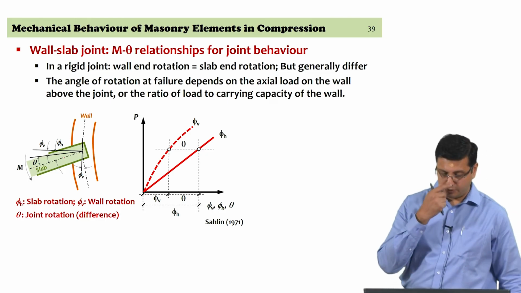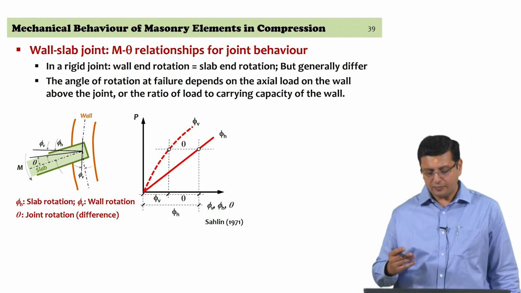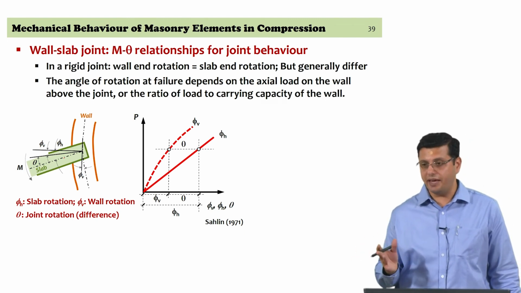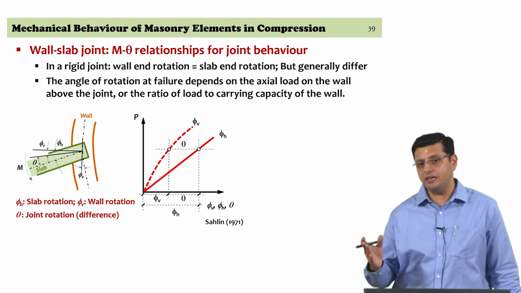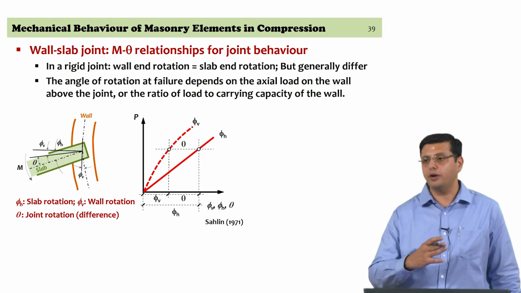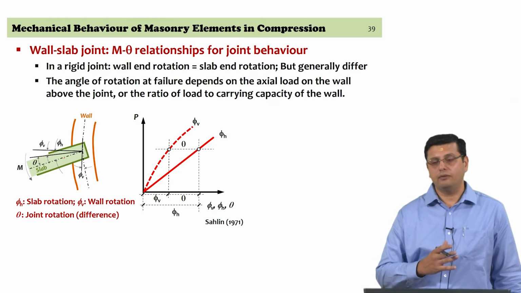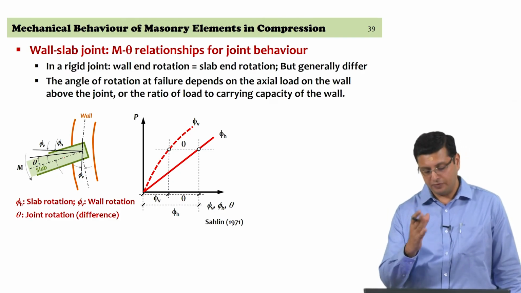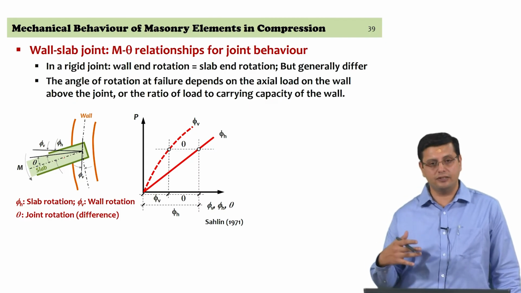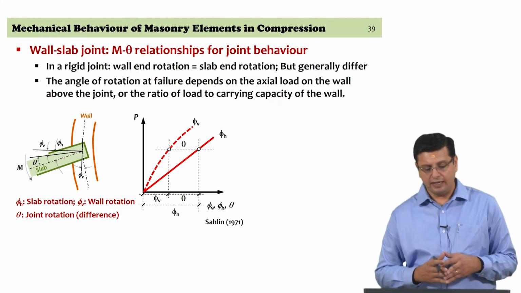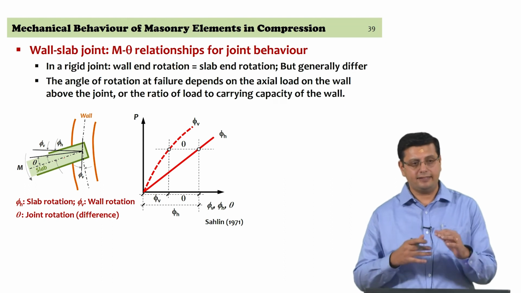Some work that has been carried out in the past has looked at an elastic plastic behavior where the rotation of the wall is assumed to have a nonlinear behavior with increasing load, whereas the rotation of the slab is considered to be linear, and this is an acceptable assumption if you are looking at brick masonry and reinforced concrete as the two materials.